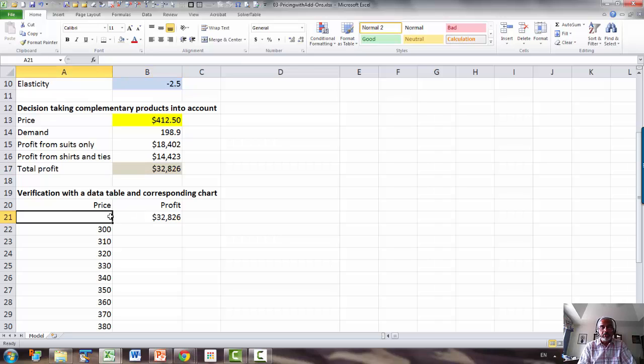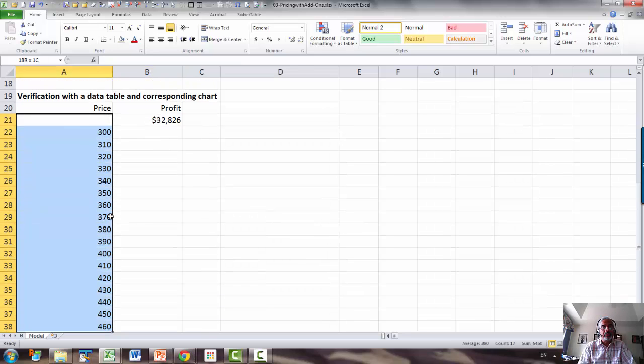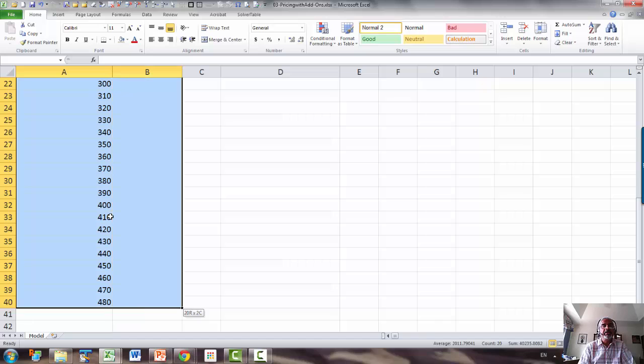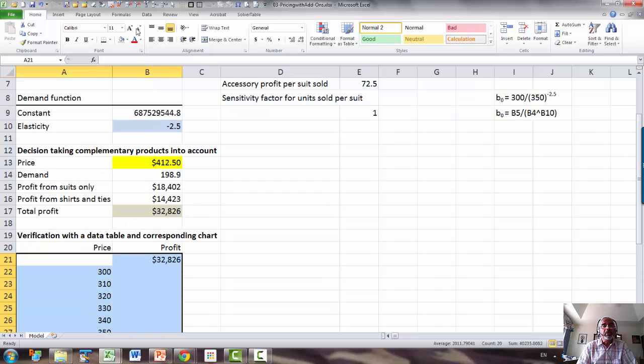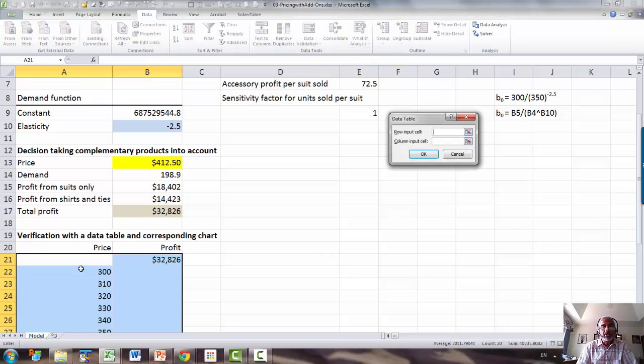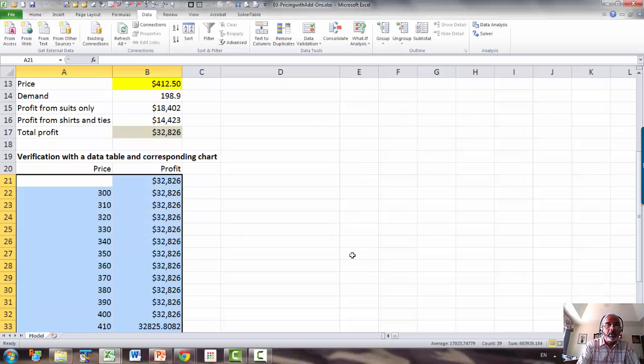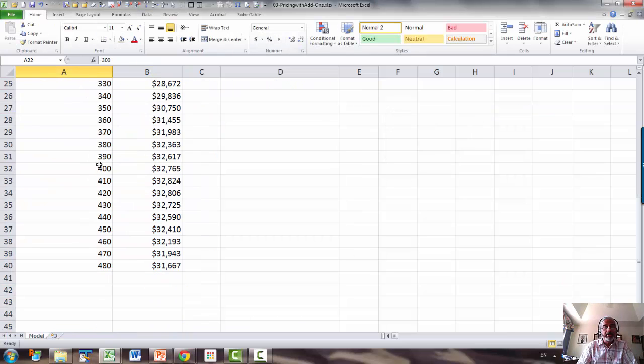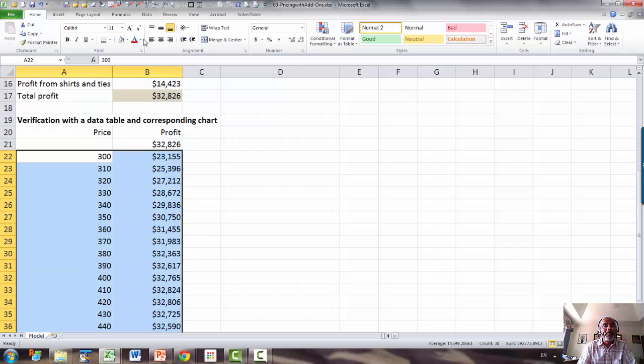Now do a table, so highlight, and then do data table. It's prices in column, so change to column. Okay, and press F9.